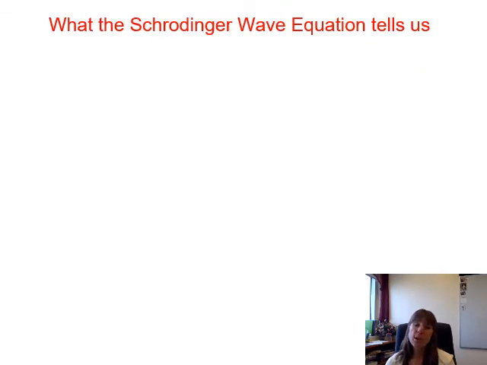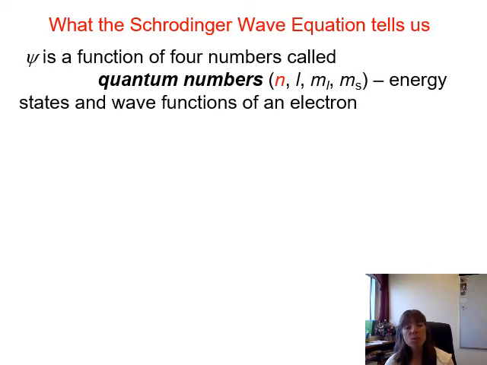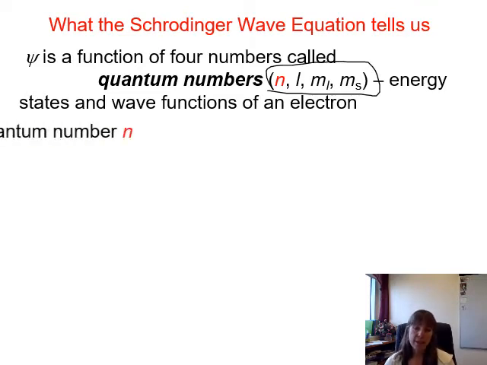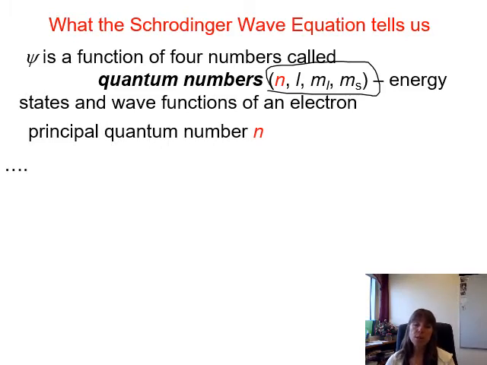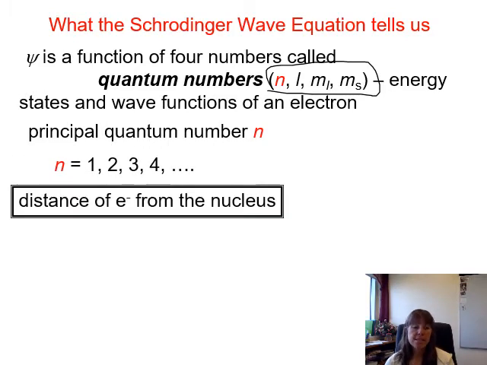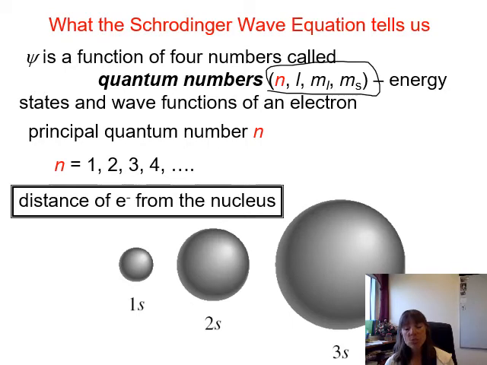So the Schrodinger wave equation tells us about these quantum numbers. They're the solutions. These four quantum numbers are the solutions to the Schrodinger wave equation. The first quantum number is called n, and that n is the principal quantum number, and it is its distance from the nucleus. So I'm showing you what's called 1s orbitals, and the 1 is a quantum number that's closest to the nucleus. 2 is a bit further away, and 3 is even a bit further away.